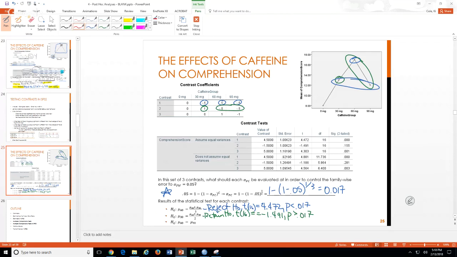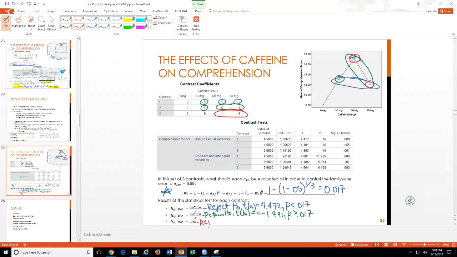Okay, the last one just compares the 60 and 90 groups. So this one and this one. Is that significantly different? Yes. So here we reject the null hypothesis. t, again with 16 degrees of freedom, equals what value? 4.303.